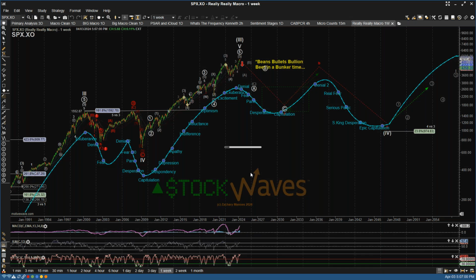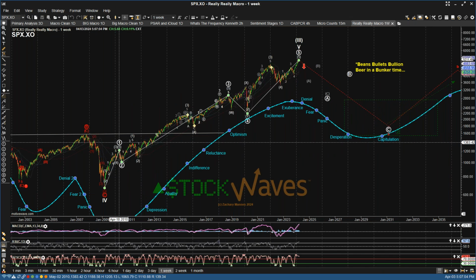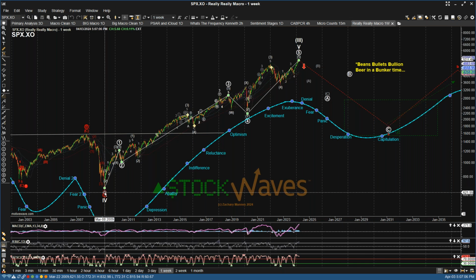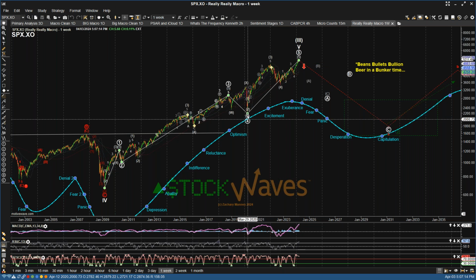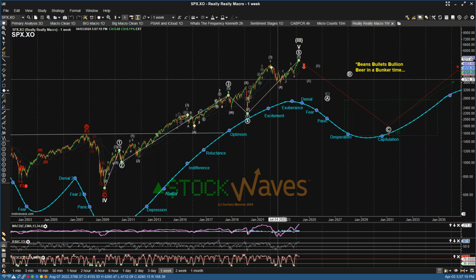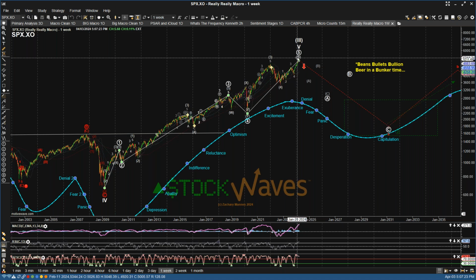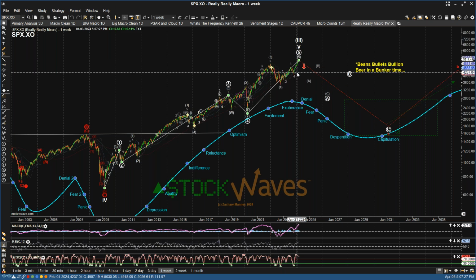Now, when we zoom in, we can talk a little bit about the structure. We can see at the primary degree inside of the move off of 2009 until now, 5 waves up that easily counts complete. And so now when we zoom in, not only do we have a possible 5 waves up as a 5th wave off of 2020 that can be completing, we have a possible 5 waves up as the intermediate degree 5th wave off of the October 2022 lows that can be completing.